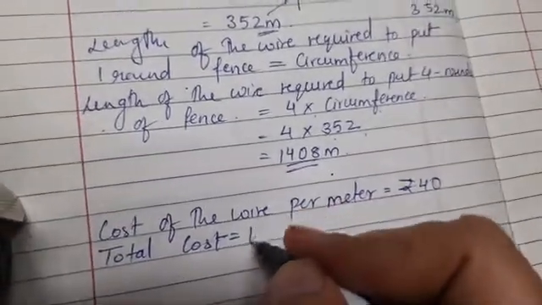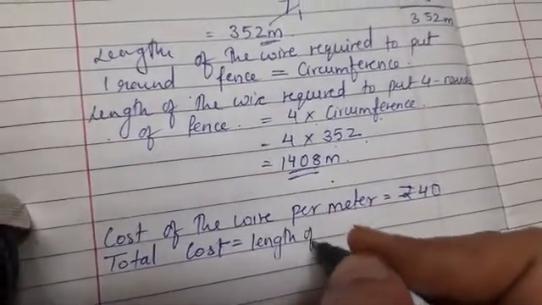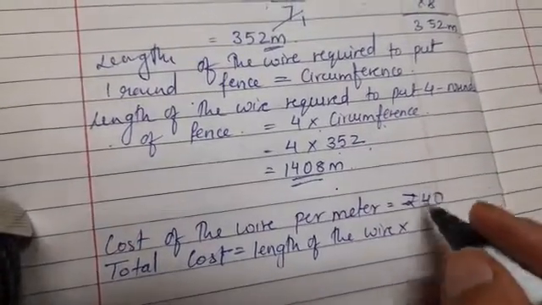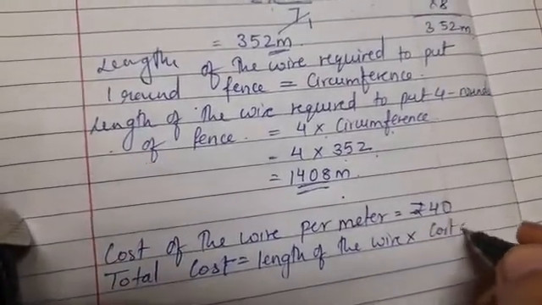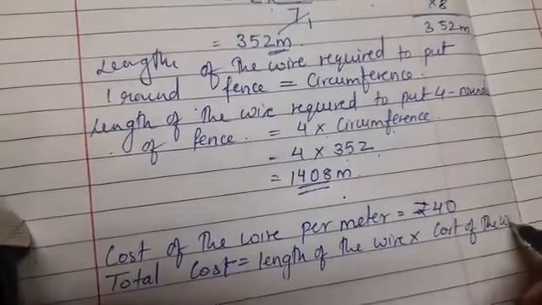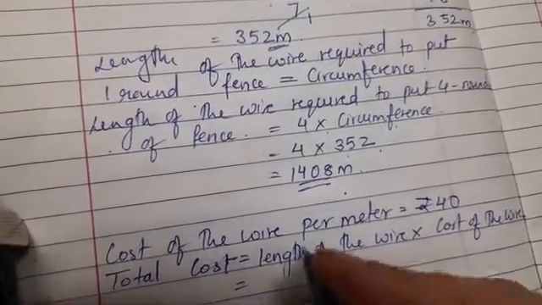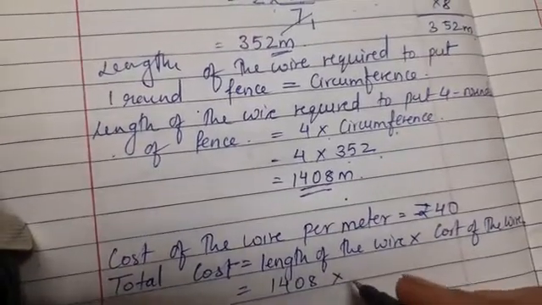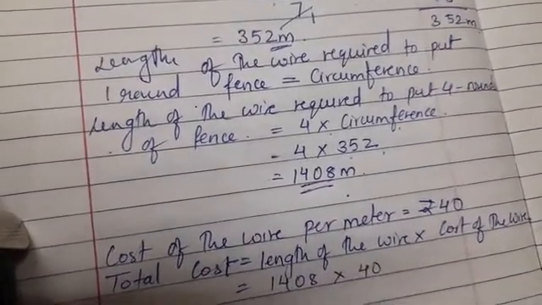The length of the wire is 1408. The cost of the wire is 40.